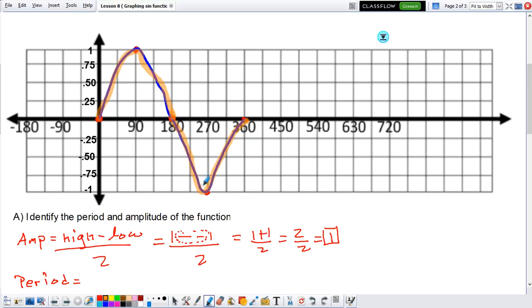So we go again, and it takes 360 degrees for us to have this shape, because we know that after this shape, our graph is going to have the same shape over and over again. So it took us 360 degrees in order for us to complete a cycle or to complete a period.